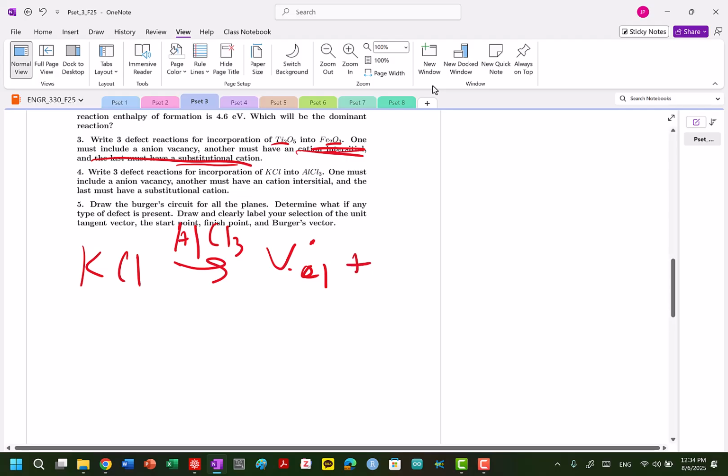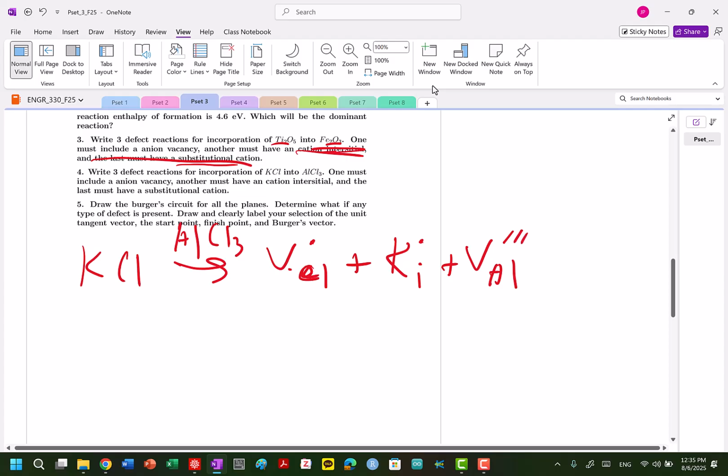now let's go ahead and let's figure it out. If I do, how about we do this? Let's do plus a K interstitial. It's going to be also 1 plus vacancy in Al, which will be -3.